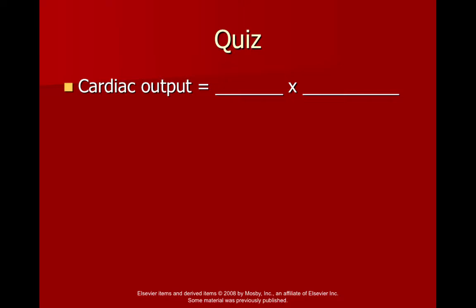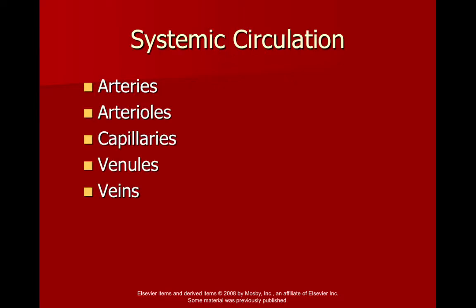So if I were to tell you the stroke volume was 70 and the heart rate was 85, and you were to take a calculator out, okay, you're going to get 5,950 milliliters per minute. Right.